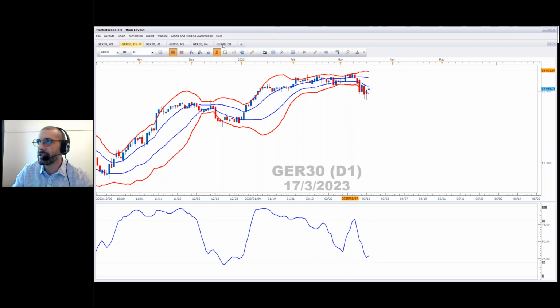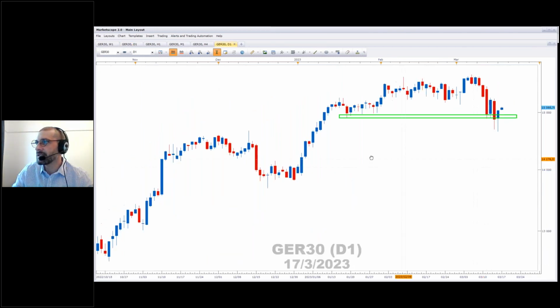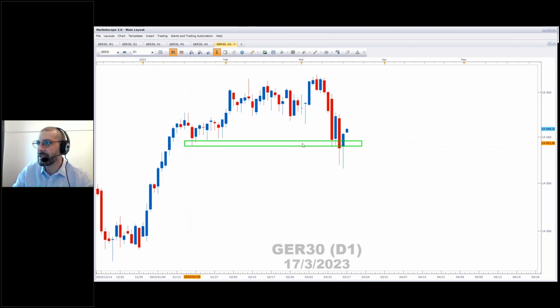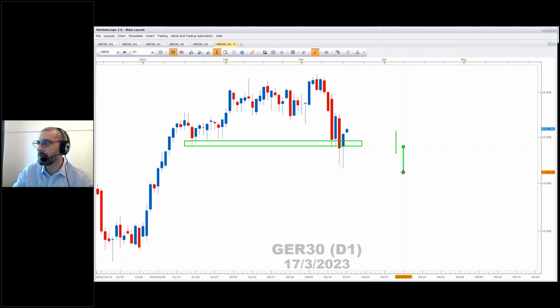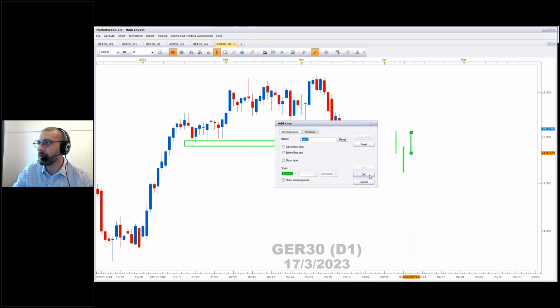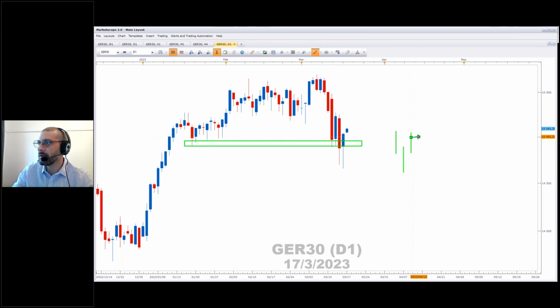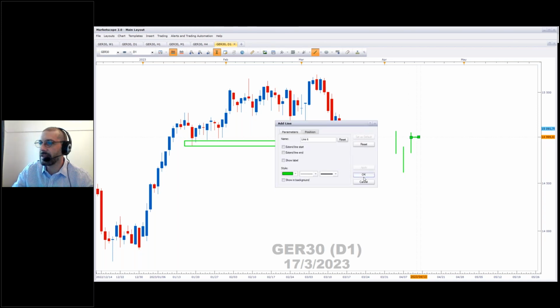It's easier to see on this chart over here. So we drew in the support level yesterday. It looks as if we're getting the 3 candles. 1, 2, 3. Okay. It looks like we're getting that. We'll see at the end of the day.